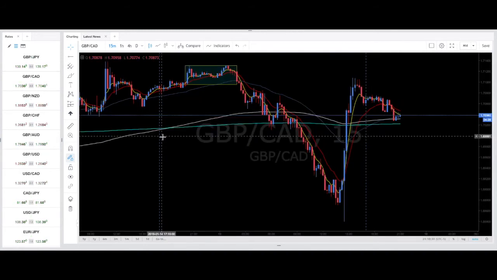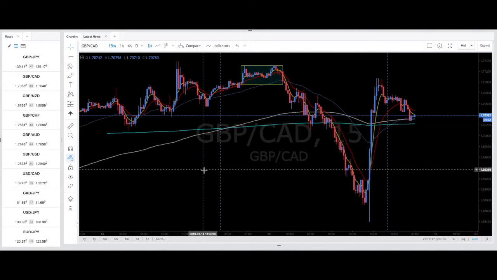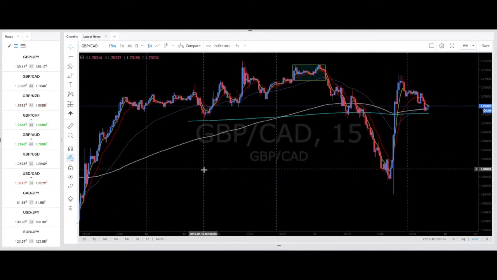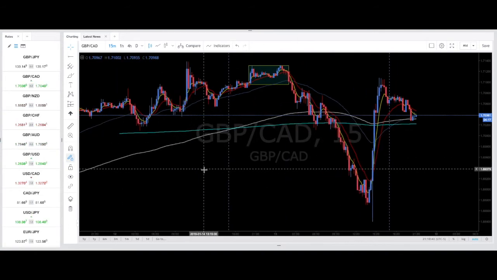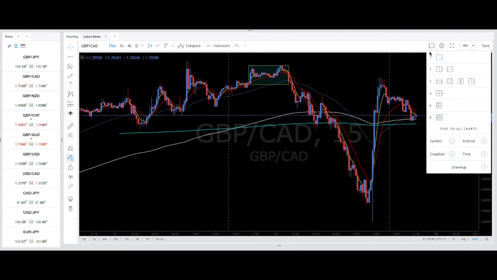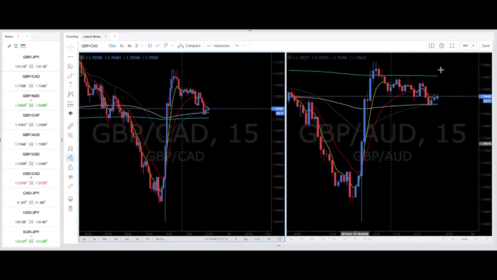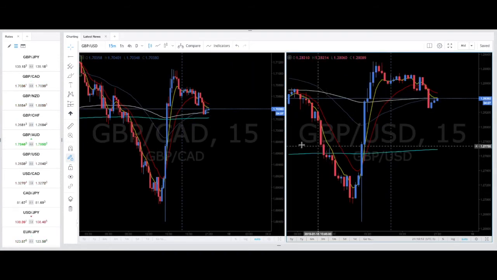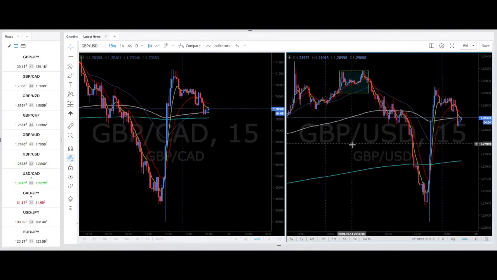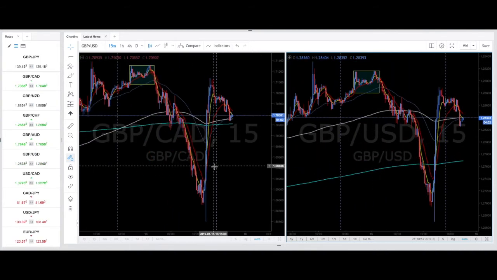Pound CAD did the same thing that pound USD did. It didn't give us the perfect setup because it did it way early, just like the pound USD. Let's take a look here. Let's compare them. There's pound USD. Here's pound CAD.